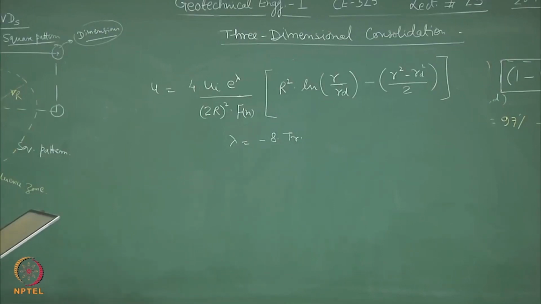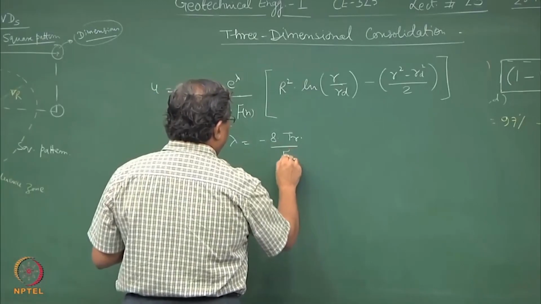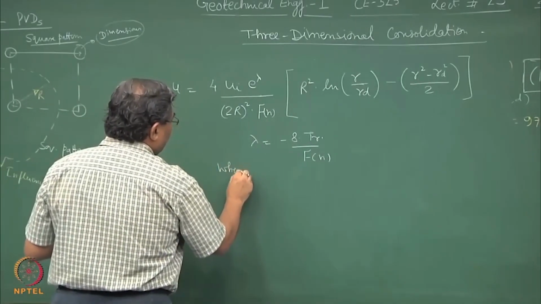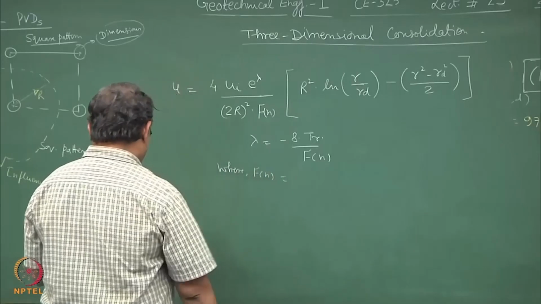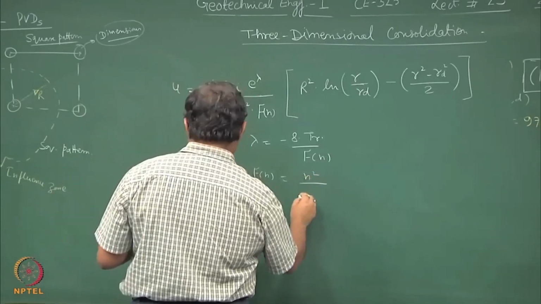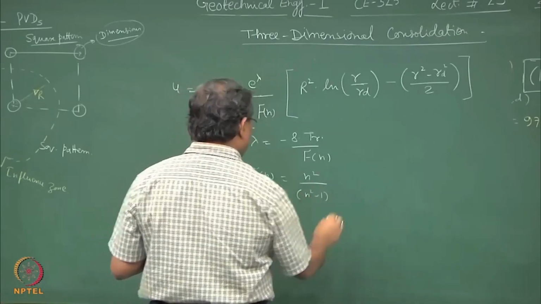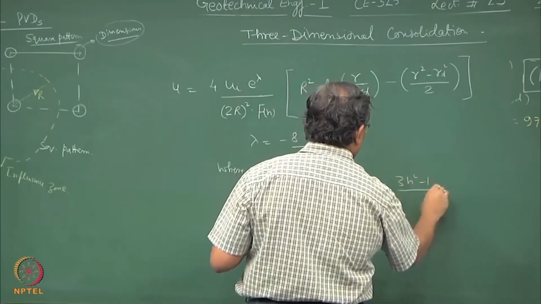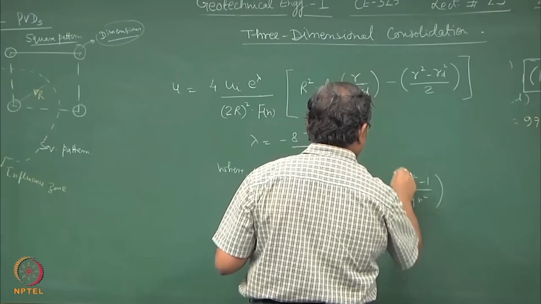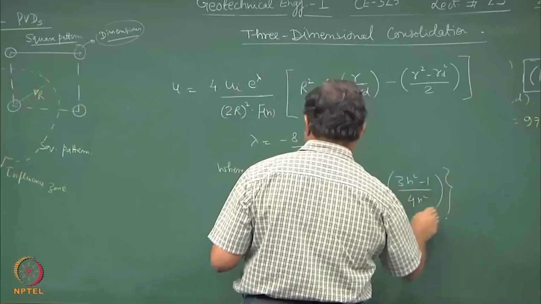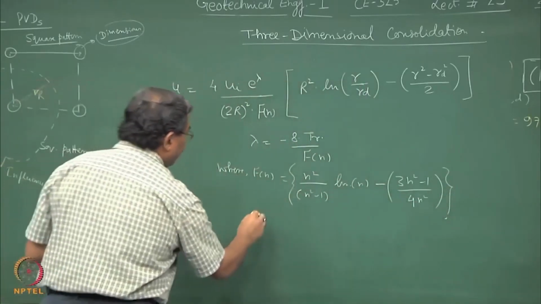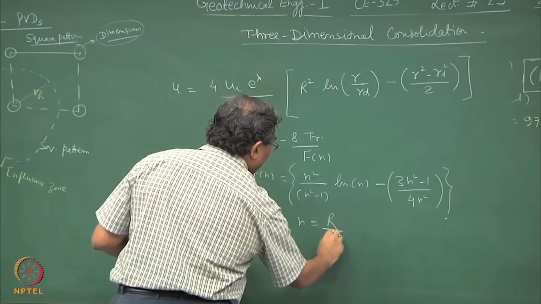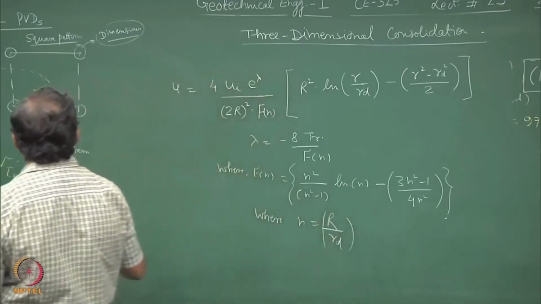Tv we have used for vertical consolidation, upon Fn, where Fn is n square upon n square minus 1 log of n minus 3n square minus 1 upon 4n square, where n is equal to capital R upon Rd. What is Rd? The radius of the drain.